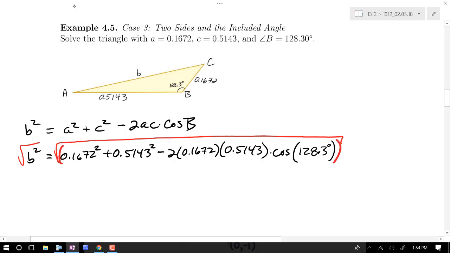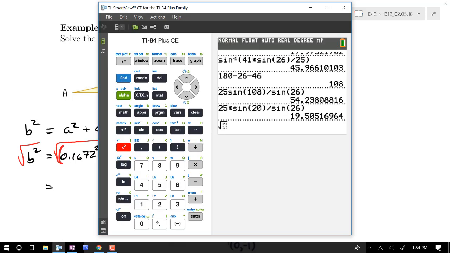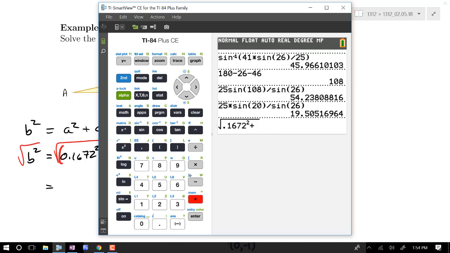Be careful. Or you can also just obviously compute this first and then take the square root at the end. So we have 0.1672 squared plus 0.5143. So everybody's plugging stuff into their calculator, and I am shouting out random numbers. I'm sorry about that. Let me stop.